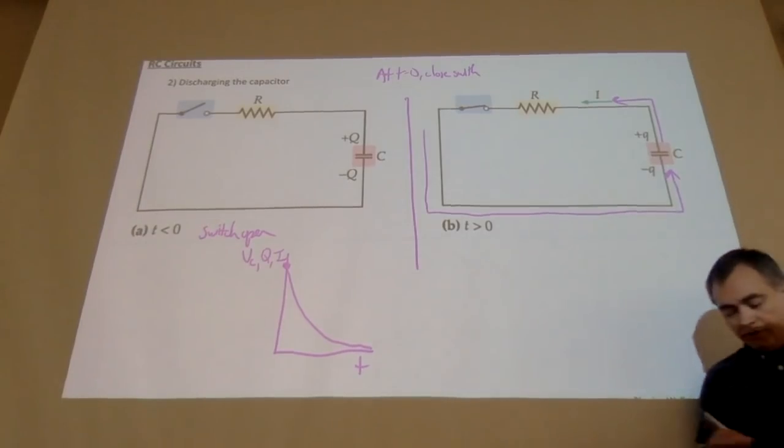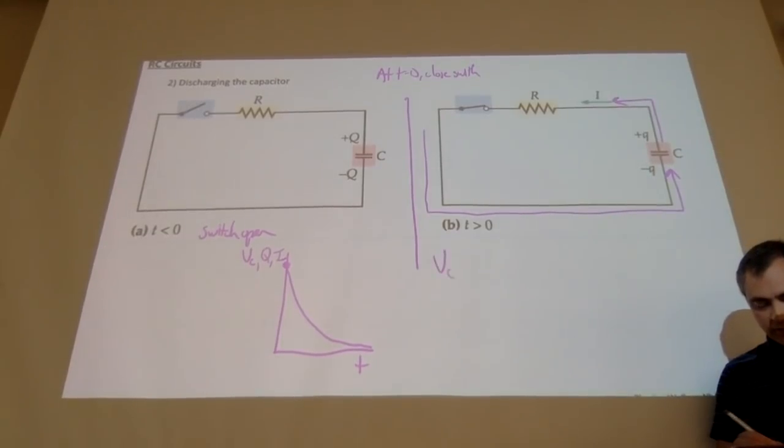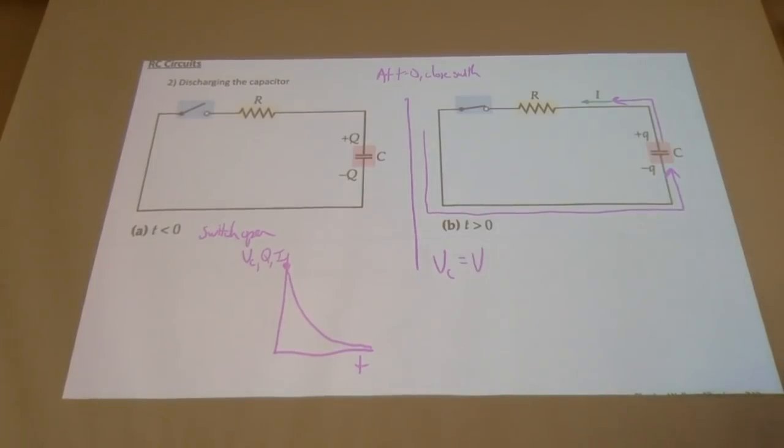Which means that all of these are going to have the exact same equation. So we could say that the voltage on the capacitor is equal to, I hesitate to use the exact same term, let's say the starting voltage times e to the minus t over tau. And charge on the capacitor is going to be whatever you started with times e to the minus t over tau.